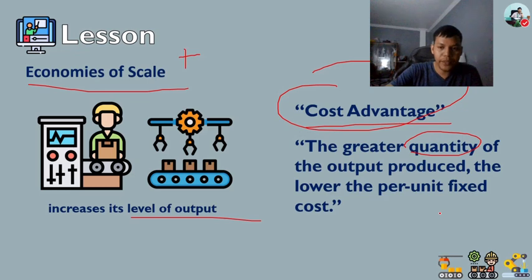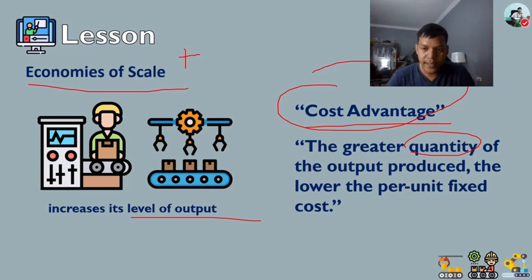Okay, so economies of scale would also result in a fall in the average variable cost, which means the average non-fixed cost. When we say variable cost, it means that it is not a fixed cost. Because there are two kinds of cost, fixed cost and variable cost. So the other term for variable cost is non-fixed cost.